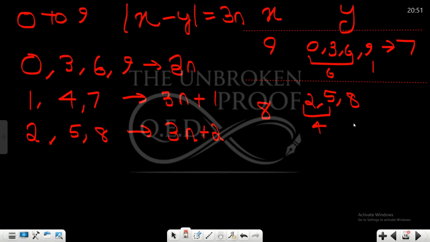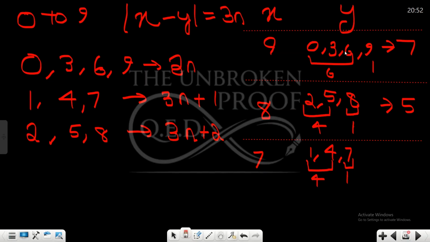So here you will get 4 and here you will get 1, so this would be 5. And if you take x as 7, then you will get 1, 4, 7. Similarly here also you will get 4, here you will get 1, and finally this will also be 5, the one with x equal to 7.